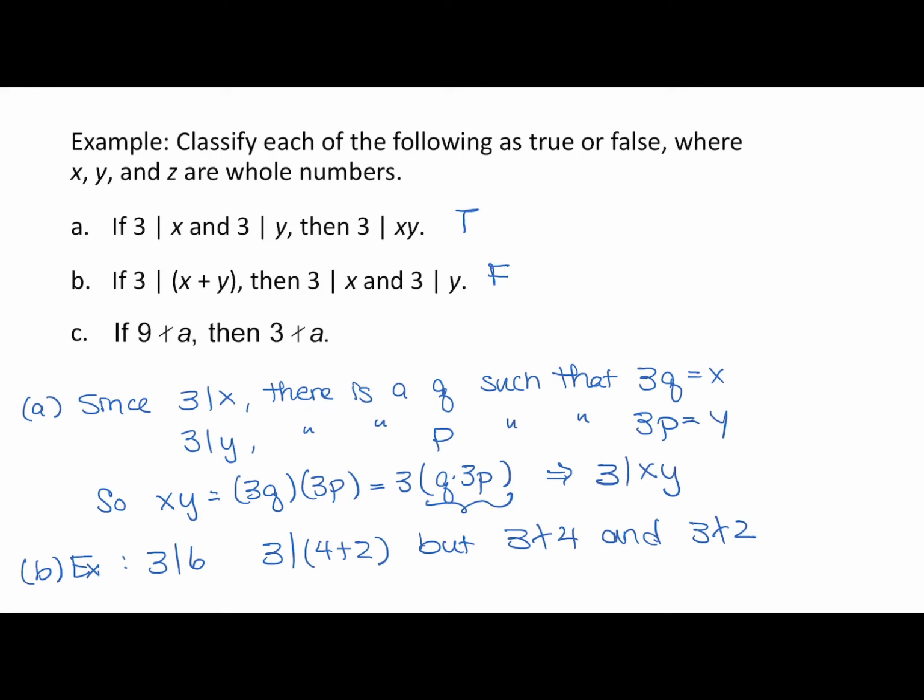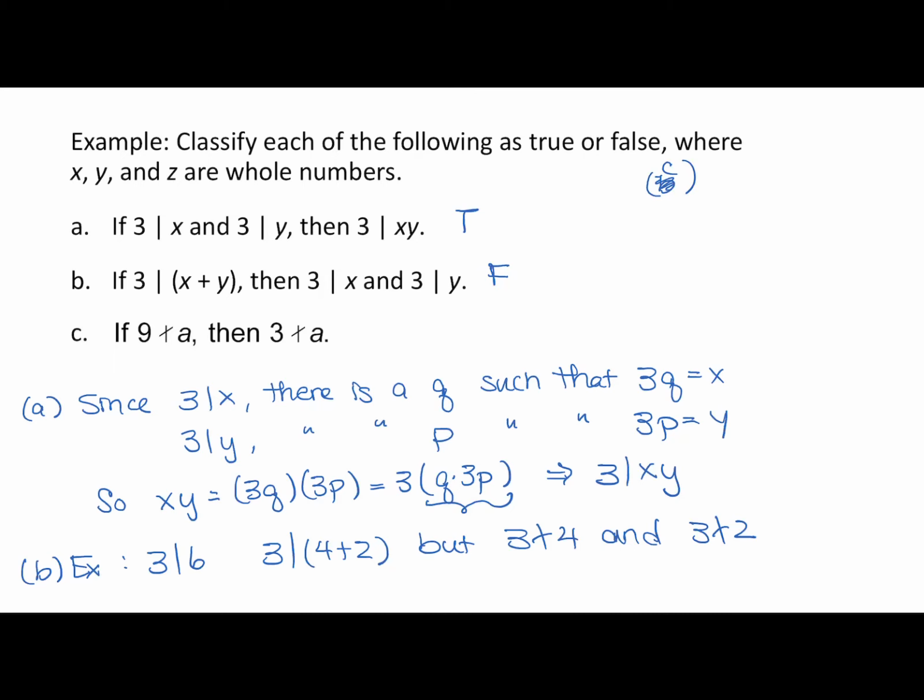What about C? If 9 does not divide a, then 3 does not divide a. So if 9 does not divide a, that means when I try to divide a by 9, there is a remainder. Again, you might try thinking of some examples.